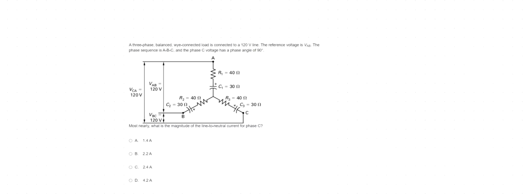VAB. So the line to neutral now is from VA here to the neutral here, right? So how do you get to that from here if it's a balanced system?